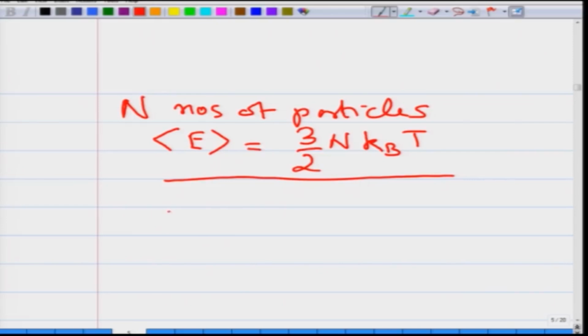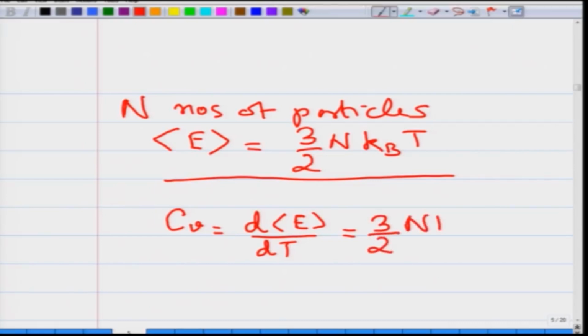And now, you can define a quantity called the specific heat, which is the derivative of the total energy of the system of particles with respect to temperature, and that will be 3/2 n kB or 3/2 R.